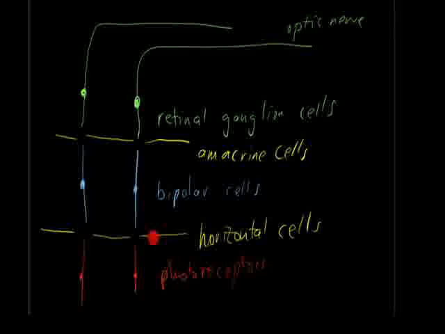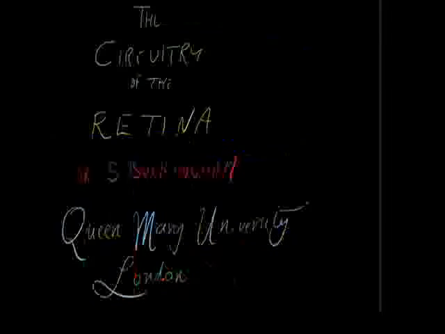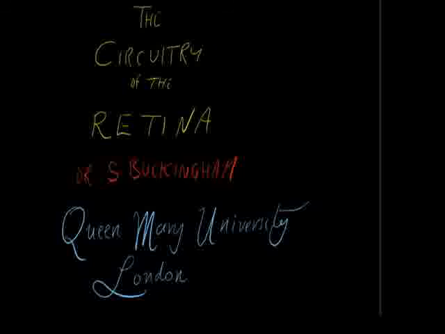The horizontal cells help to create the receptive fields of the bipolar cells. The amacrine cells help to create the more complicated receptive fields of the retinal ganglion cells. So that is the basic design of the circuitry of the retina.